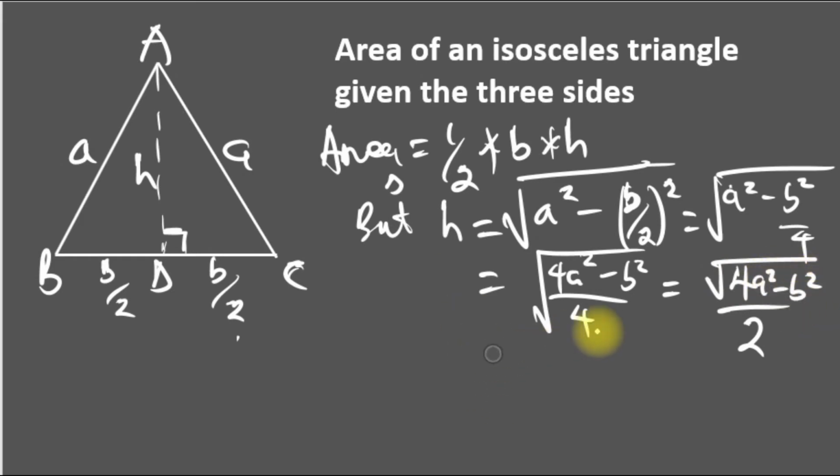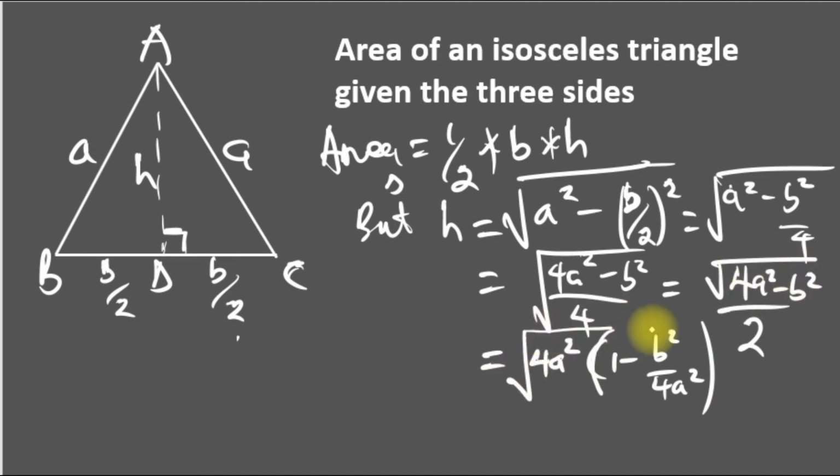So we can still go further. We can decide to factor 4A squared out. We have 1 minus B squared over 4A squared, that's the numerator, all in square root over 2. We are still correct. Check it. This times 1, that's it.